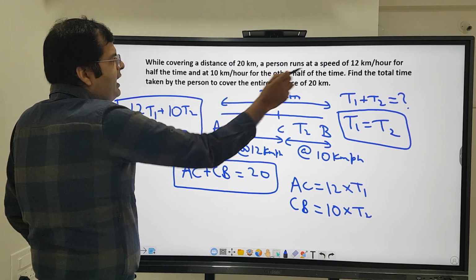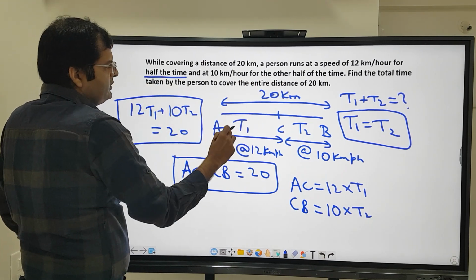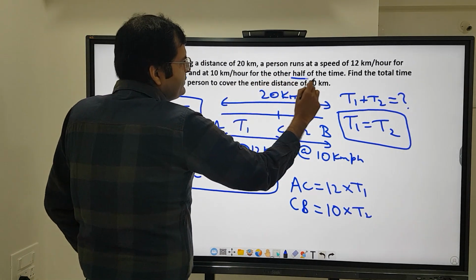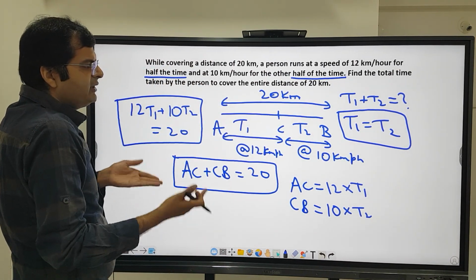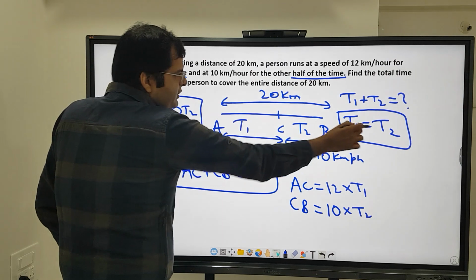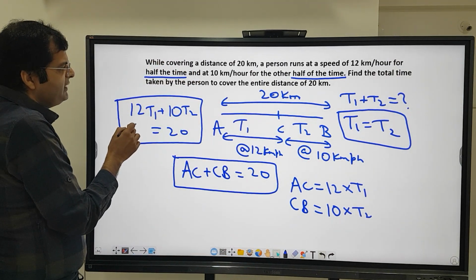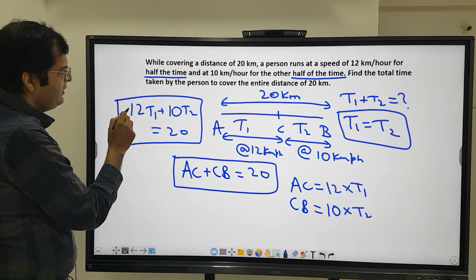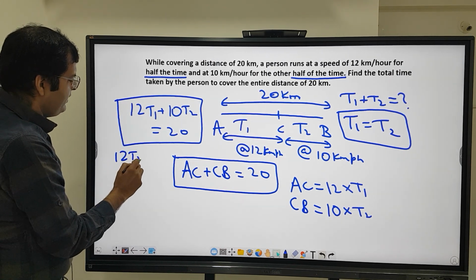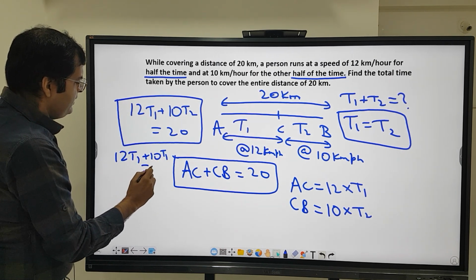Because you run half the time for the first part and the other half the time for the second part. So both the halves in terms of time are equal. You can actually plug that in over here. So if T1 is equal to T2, instead of T2 I'll write T1. So it becomes 12 T1 plus 10 T1 is equal to 20.